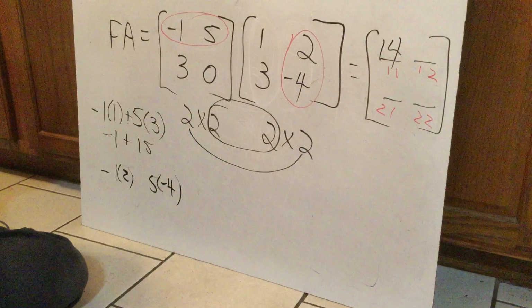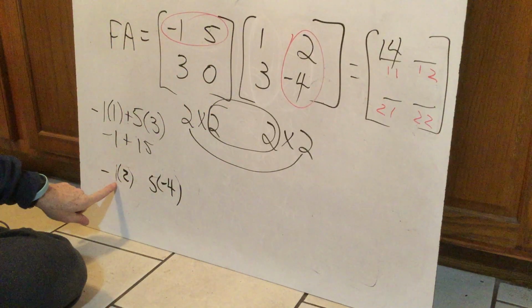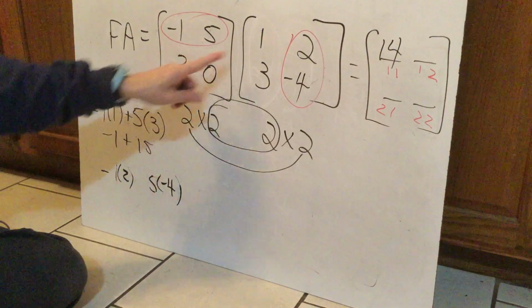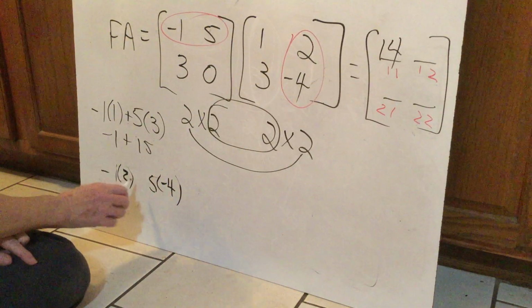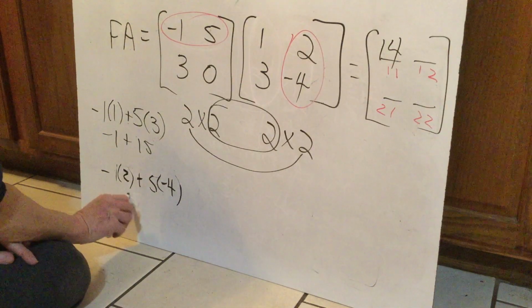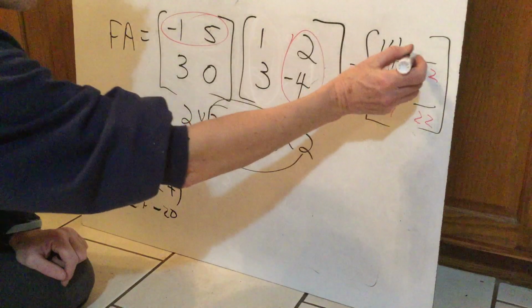Hopefully you are multiplying -1, 5. That's your first row. So there's my -1 and my 5. And you're multiplying that times 2 and -4. So hopefully when you multiply and add, you got negative 22.